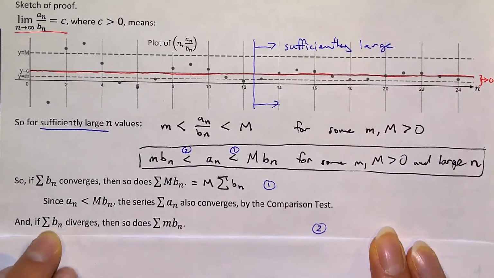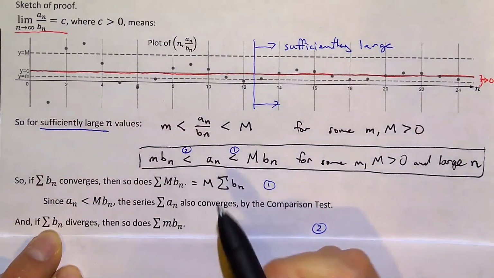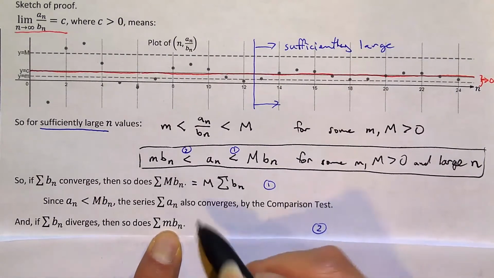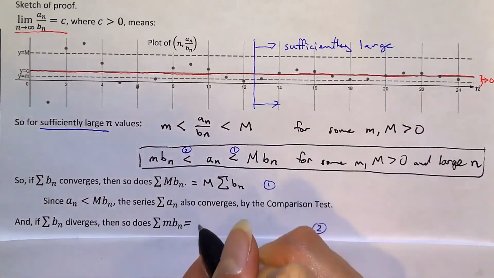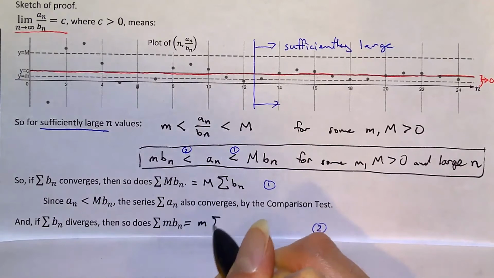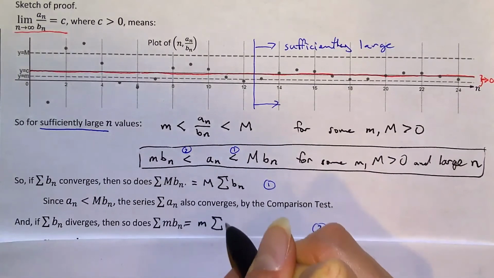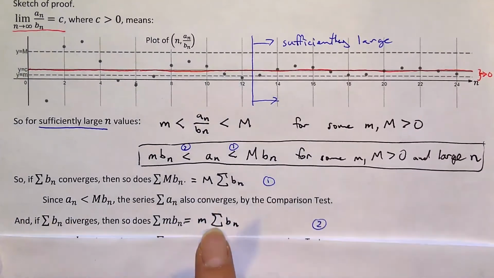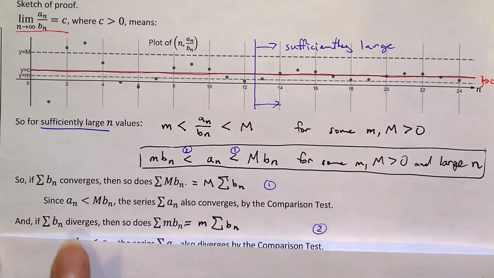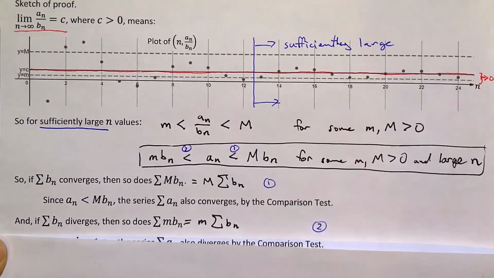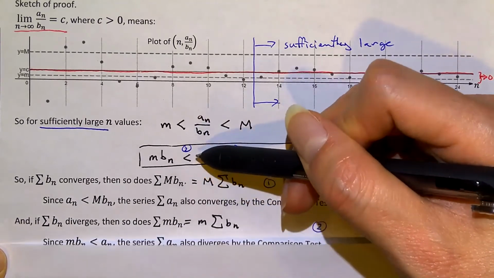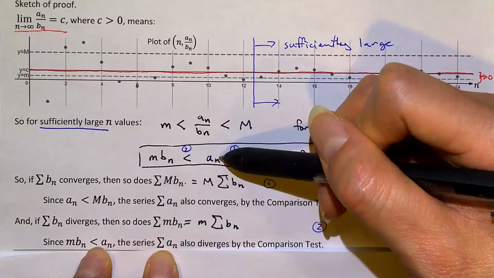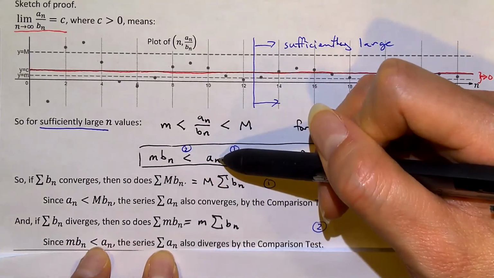Again, if we know the bn terms diverge, then so will these terms, which are just some constant times it, because these terms are nothing more than little m times bn. So this guy would diverge if the bn diverges. And then since we have this inequality, the larger series, an, must also diverge.